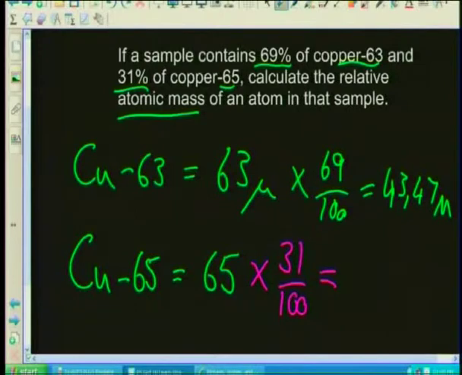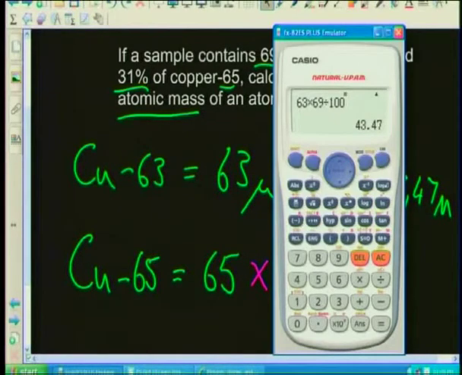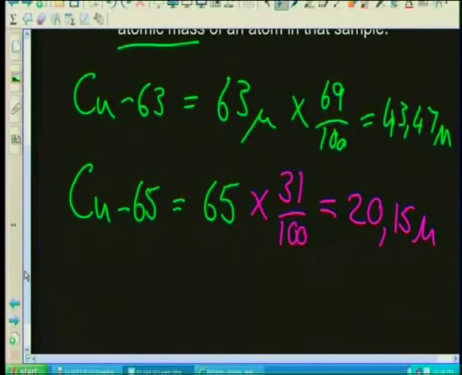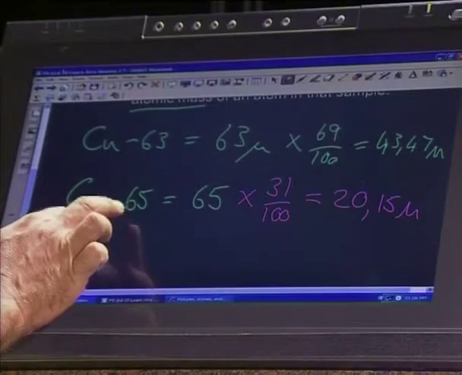If we multiply those out on our calculator, we say 65 multiplied by 31 divided by 100 equals 20.15. So the answer here is 20.15 atomic mass units.